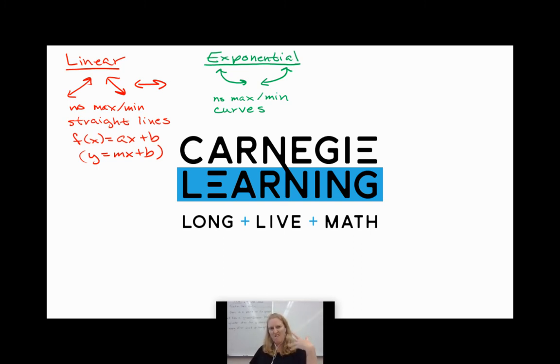And these are the ones that look like f of x equals a times b to the x, and we'll just put a plus c. Here's your clue right here. If you see an x in the exponent, it's an exponential function. That's probably why it's called an exponential function, because there's an x in the exponent. If your independent variable is in the exponent, you're dealing with an exponential function. That's just how it goes.